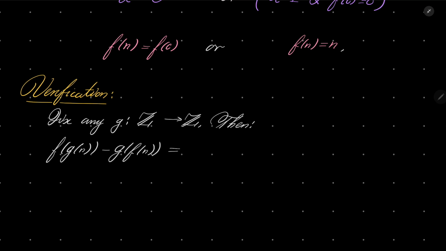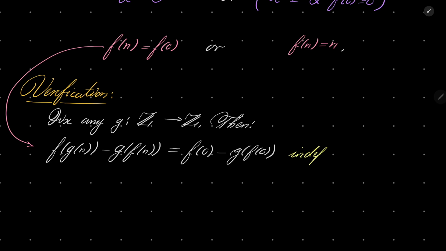For the first possibility, it's just f of 0 minus g of f of 0, sorry. So it's independent of n. So it's verified. And now let's do verification of our second function.